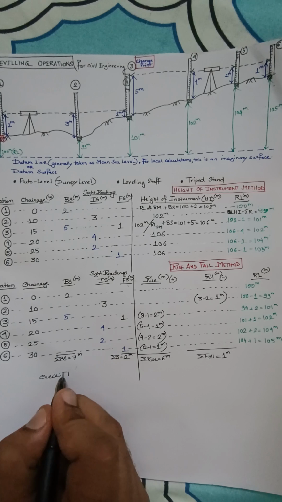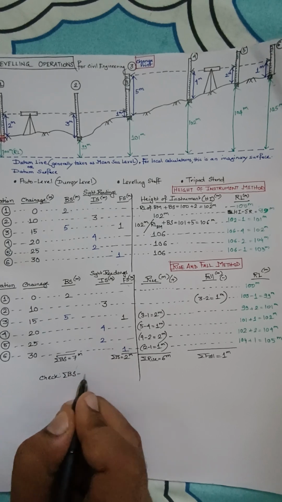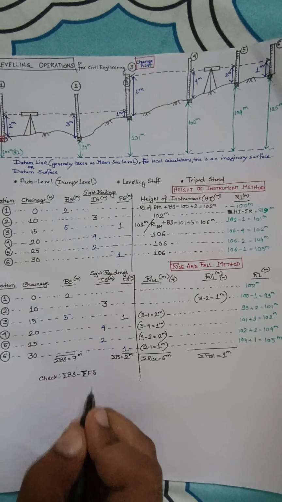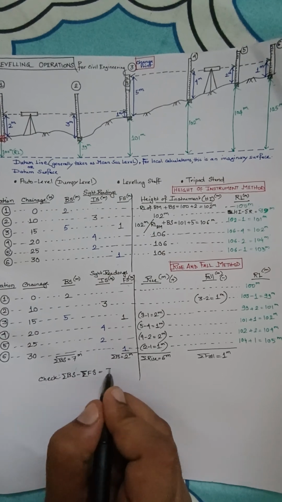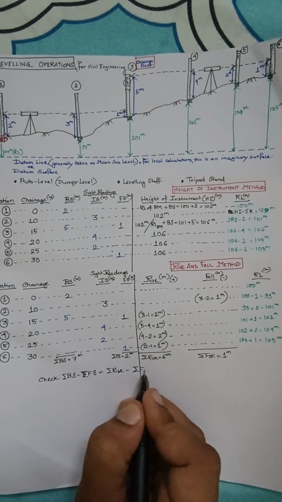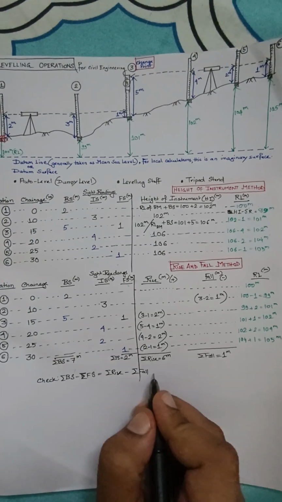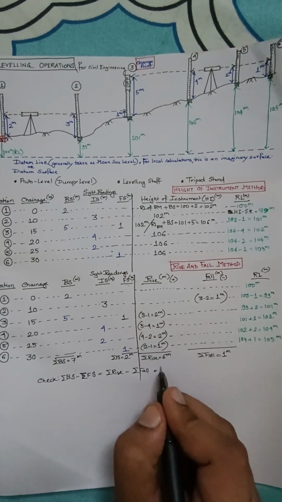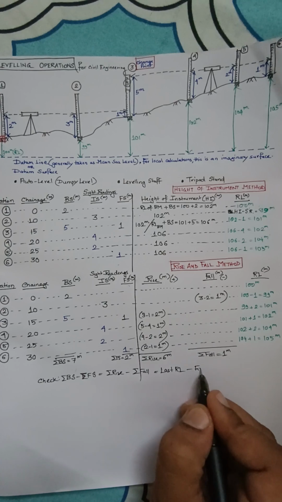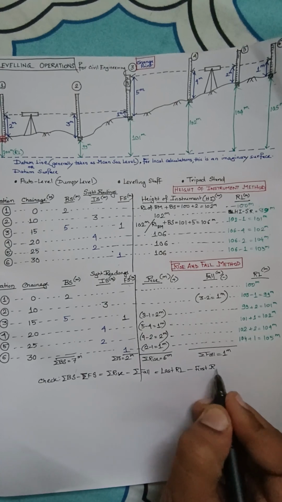So summation of backsight minus summation of foresight will be equal to the summation of rise minus summation of fall, which will be equal to last RL minus first RL.